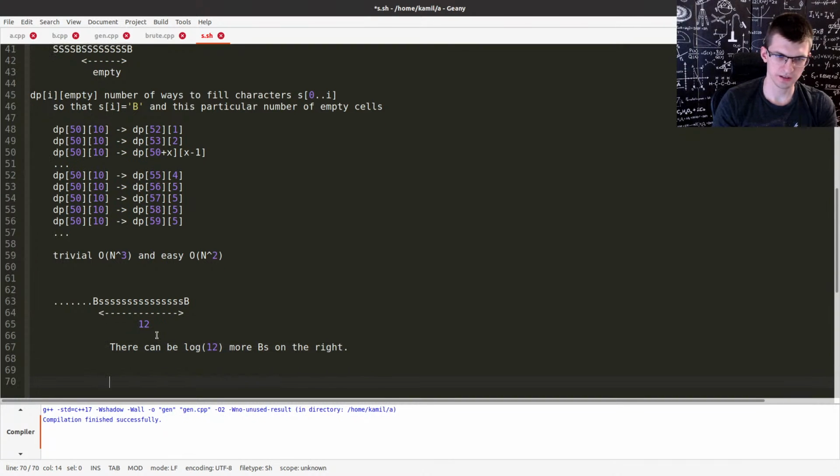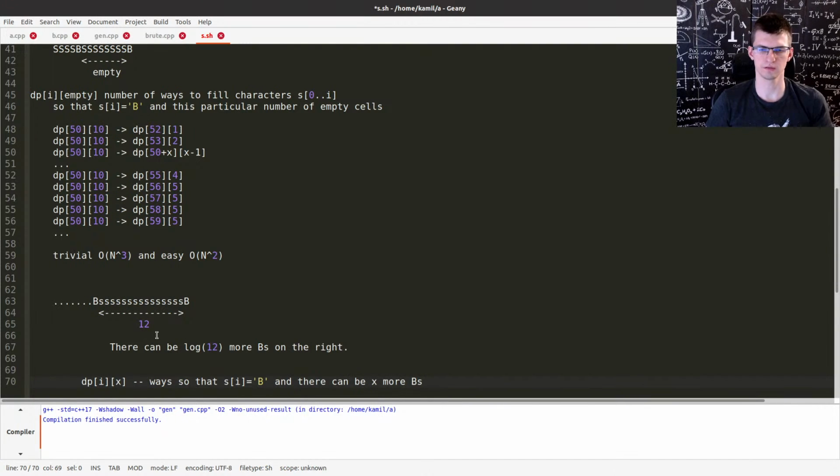I would say that this gives us better DP. This will be DP of I and remaining Bs or something. So ways to fill everything up to position I, so that S of I is B, and there can be X more Bs on the right.